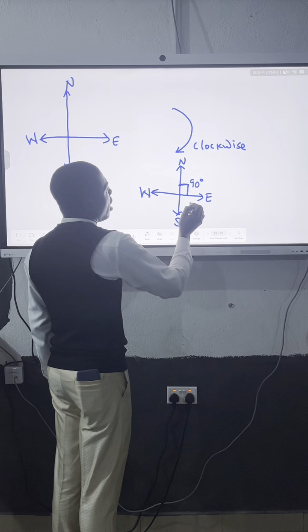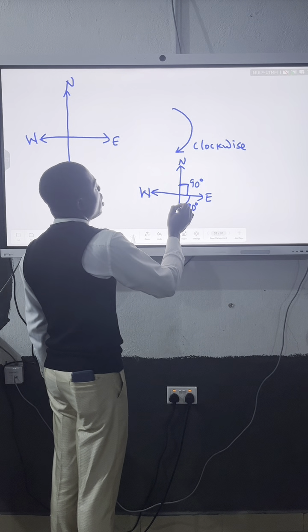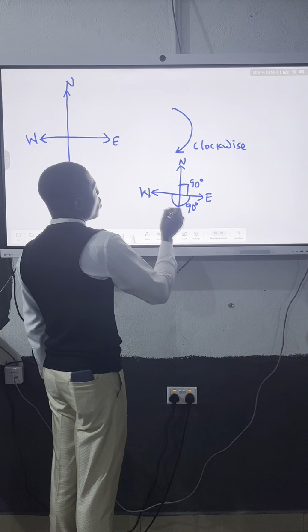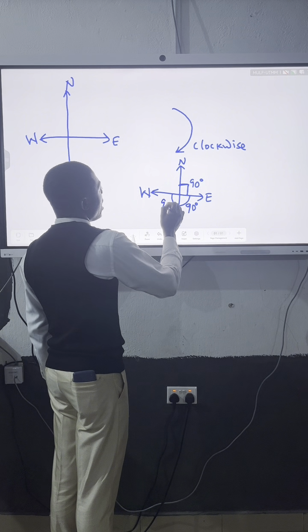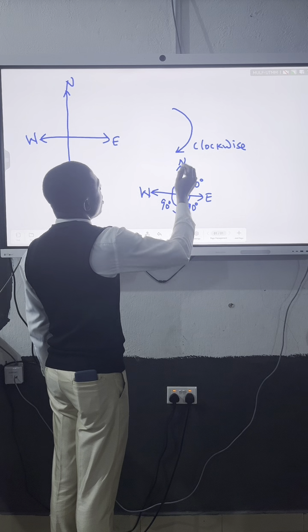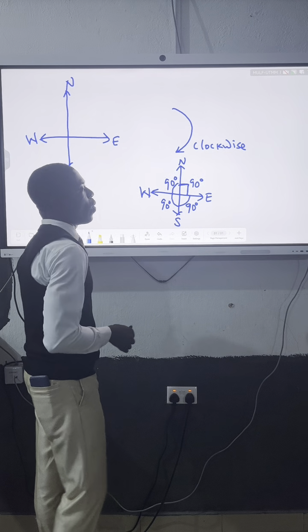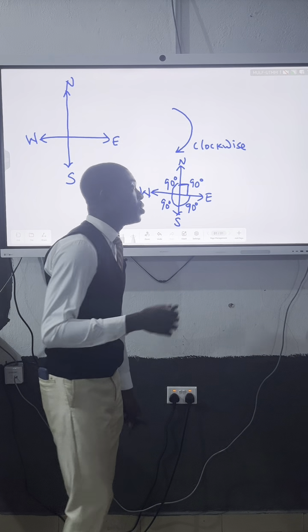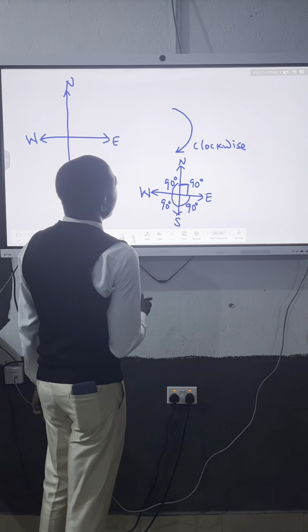Between east and south is another 90 degrees. Between south and west is another 90 degrees. And then north and west is another 90 degrees. So 90 plus 90 in 4 places gives you 360. This will help us somewhere. Now let's come back to the main diagram.